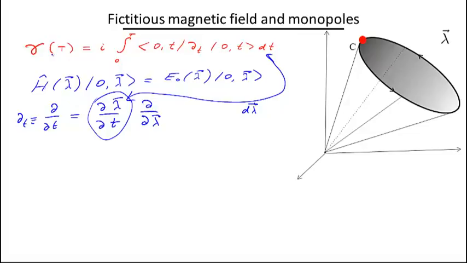And so another way to write this Berry phase, let me present it here. Gamma can be written as an integral, and now this integral will go around this loop in this parameter space. So it's going to be a closed integral. Let's say this contour, we call it C, so it's basically encircling C, and here we're going to have 0 lambda d over d lambda 0 lambda d lambda.